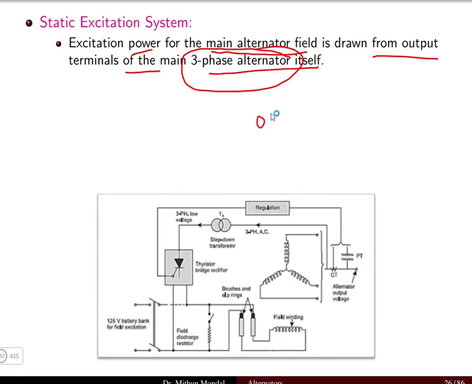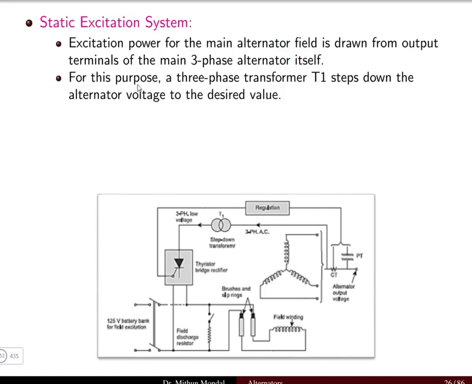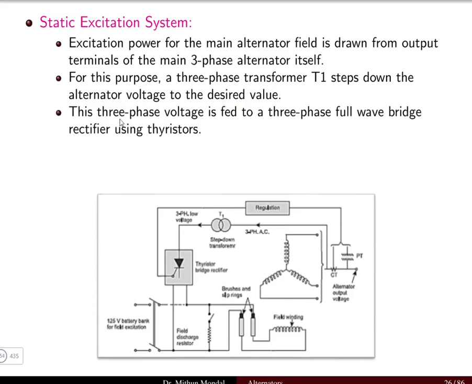The output of the alternator will be used as the input for the excitation of the field winding. And for this purpose, a three-phase transformer is used to step down the alternator voltage to the desired value. Now, the three-phase voltage is fed to a three-phase full-wave bridge rectifier using thyristors.